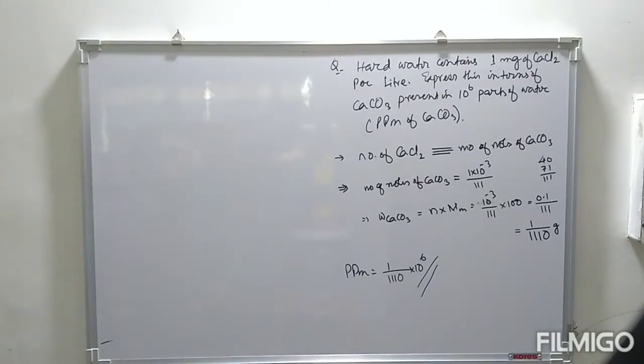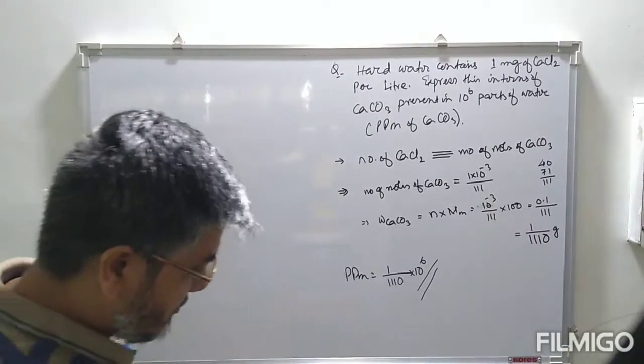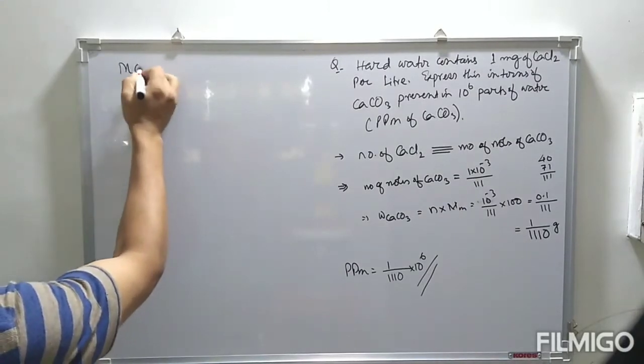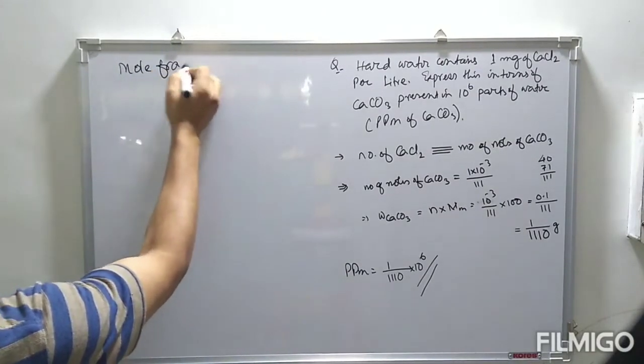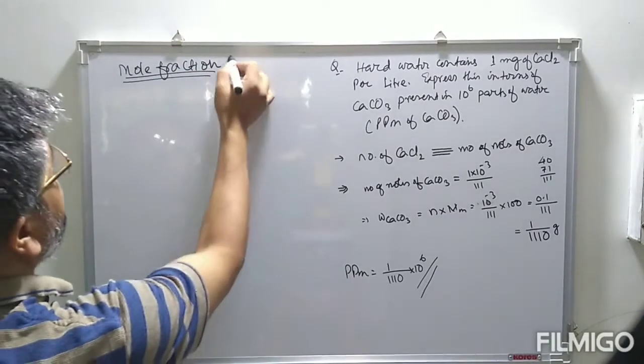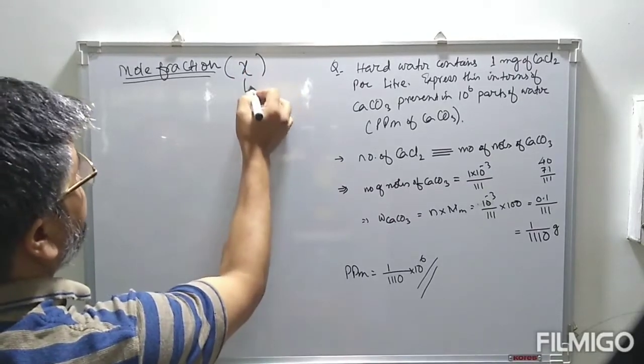Now once we have this percentage, another method of expression of concentration is mole fraction. Mole fraction is denoted by this, pronounced as chi.